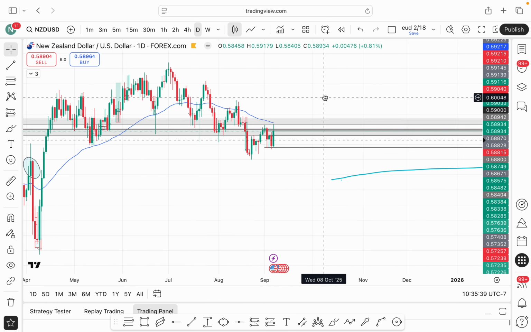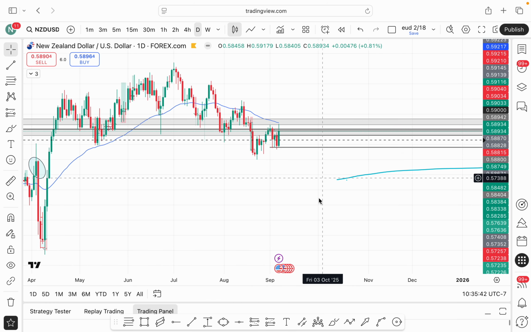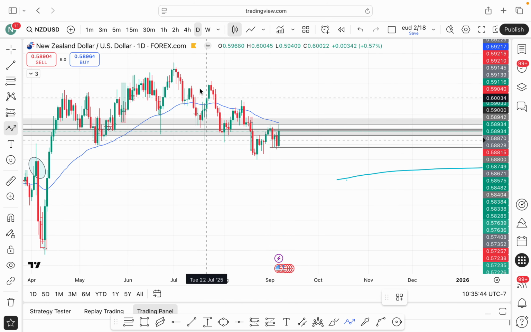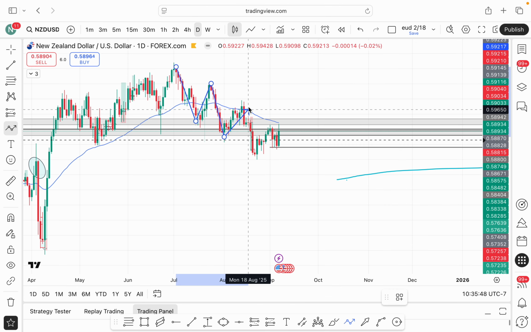Daily, right? So for the daily time frame, I know it is bearish. Lower high, higher low, lower high, higher low, and this one right here is a potential lower high.